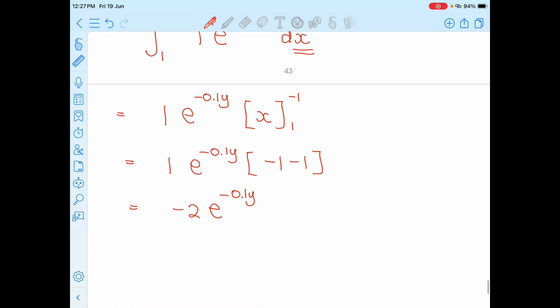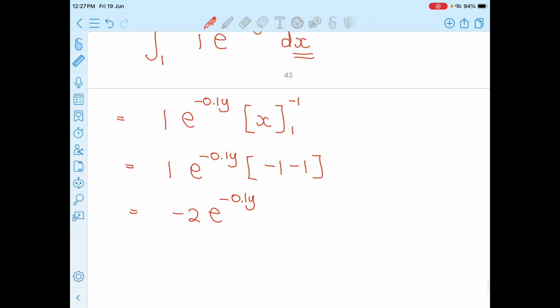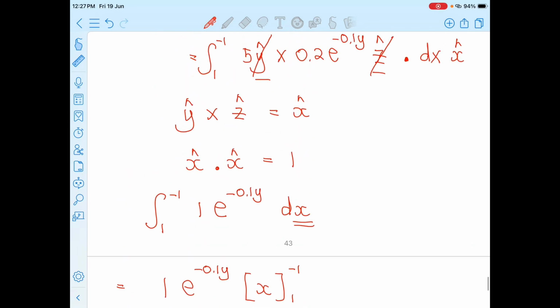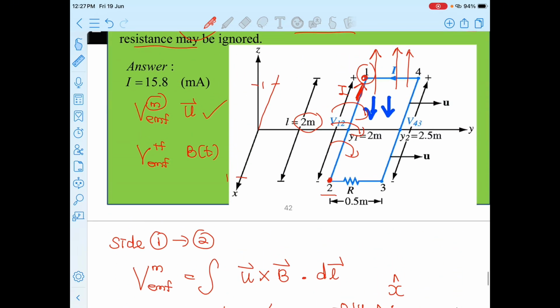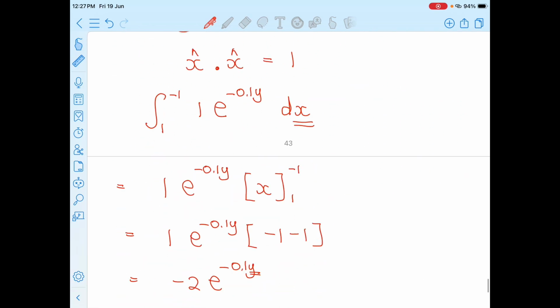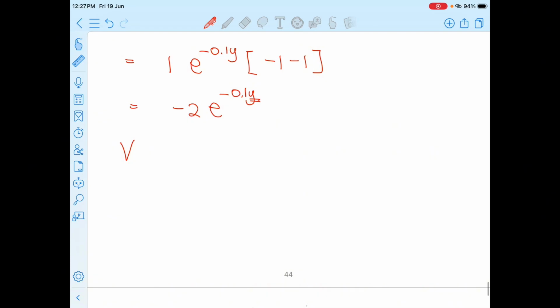Now your equation has a variable y. This y is actually representing the position of wire 1 to 2. The wire 1 to 2 is at the position of 2 meters, so you can replace the y with 2.